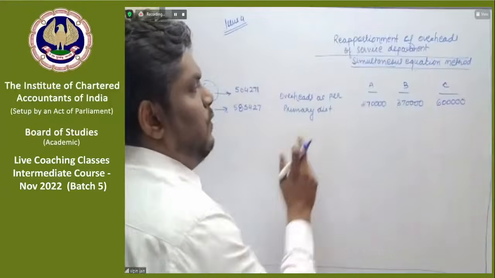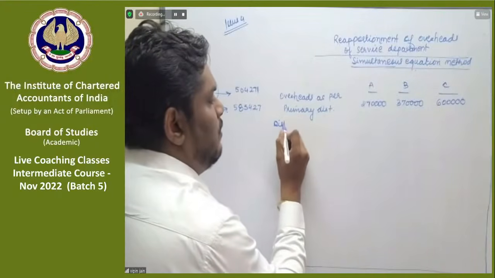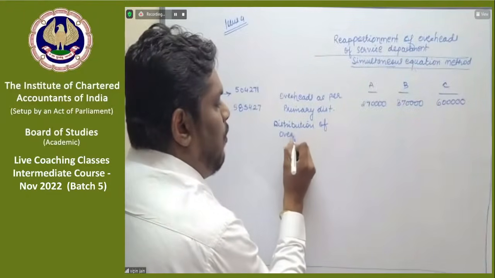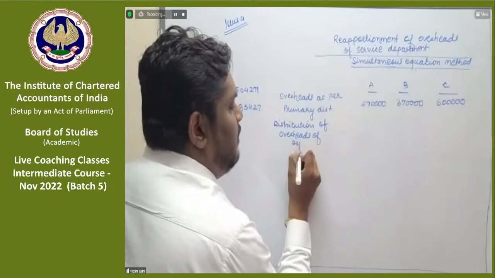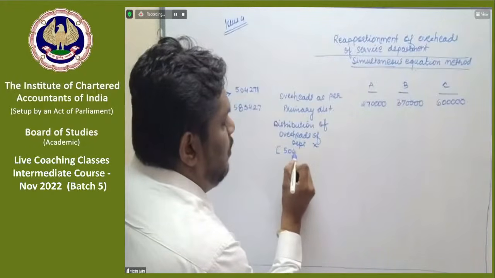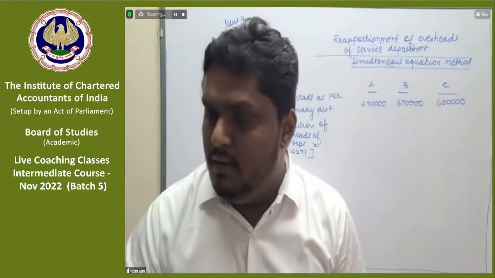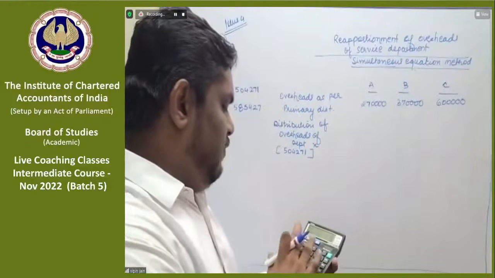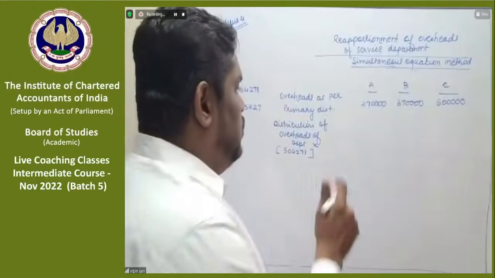Now we have to distribute the overheads of X and Y to A, B and C. So distribution of overheads of department X, and the total amount is 504271. It is given in the question that 45% is to be apportioned to A. So 504271 into 45%, that is 226,922.